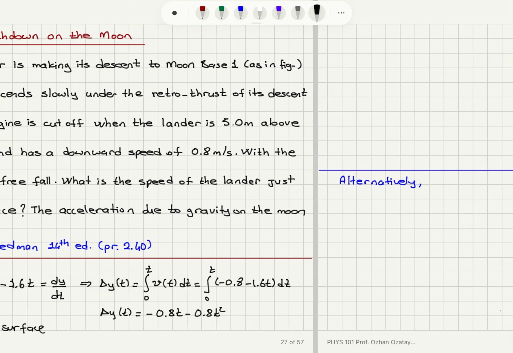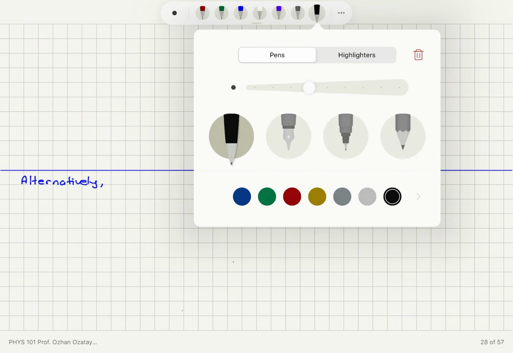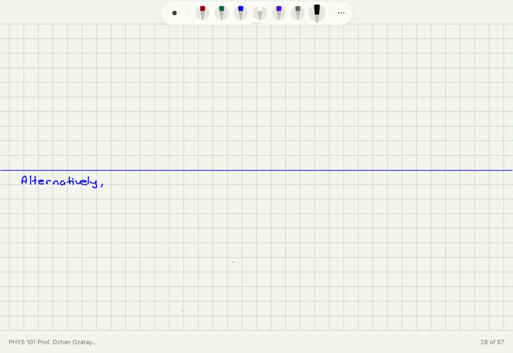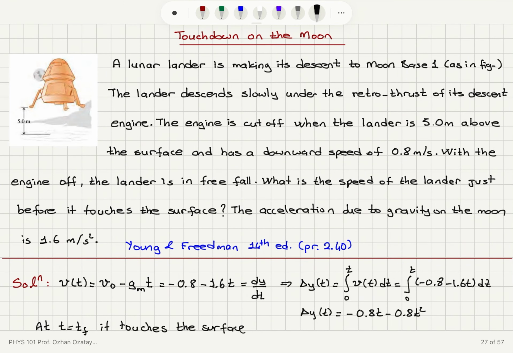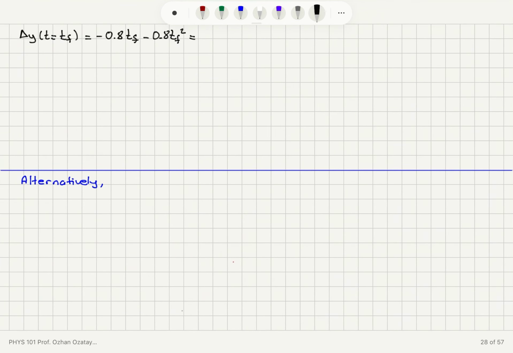Now, if I evaluate the total displacement on the y-axis, delta y, at time t equals tf, I will have minus 0.8 tf minus 0.8 tf squared. And what is this displacement? We're going from plus 5 meters to 0 meters, so displacement is 0 minus 5, so it's minus 5 meters.